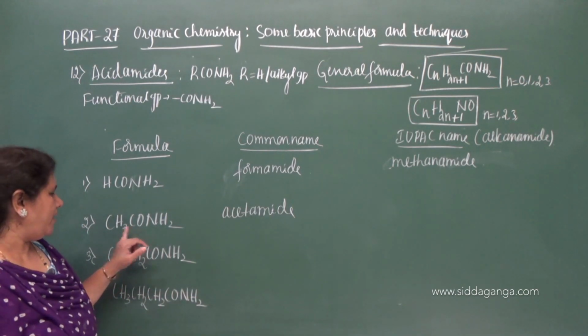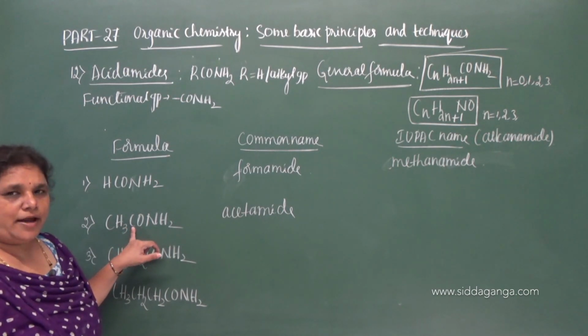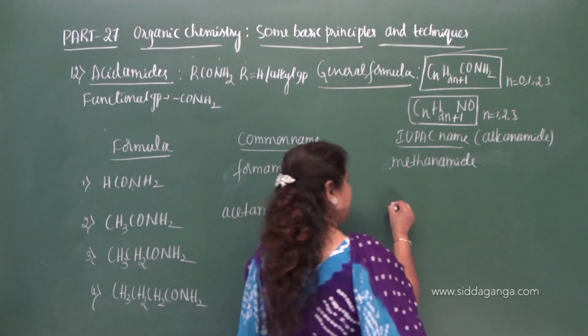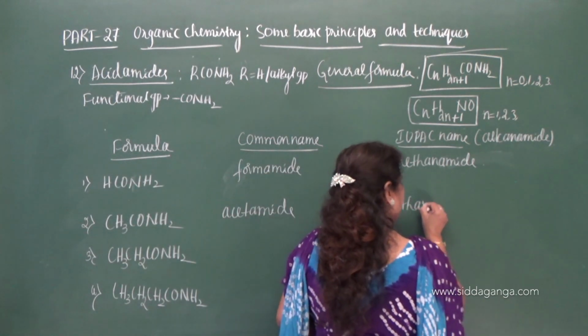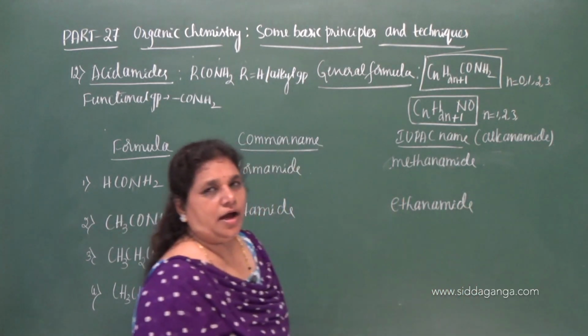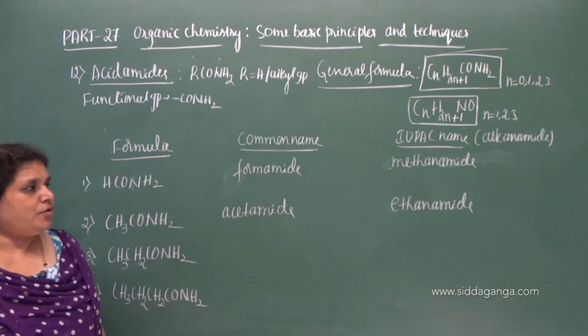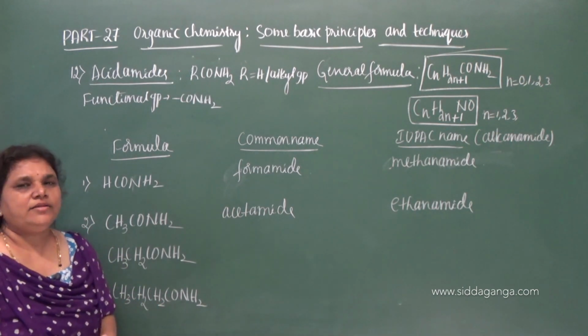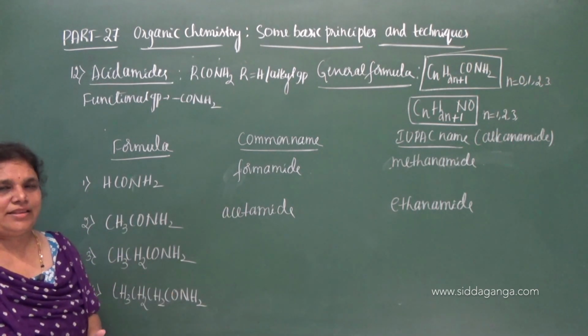Then how many carbon atoms are there? 2 carbon atoms. Ethane is the name of the alkane and hence the name ethanamide. Ethanamide is the IUPAC name. Or ethanoic acid, remove oic acid and add the word amide, you will get ethanamide. Okay.